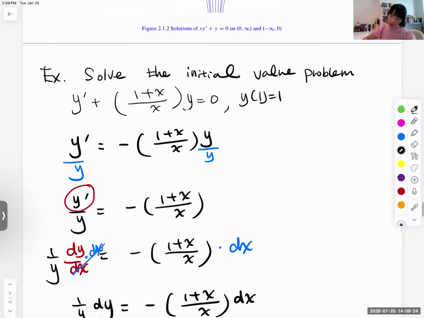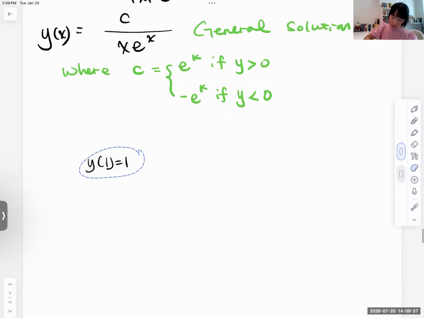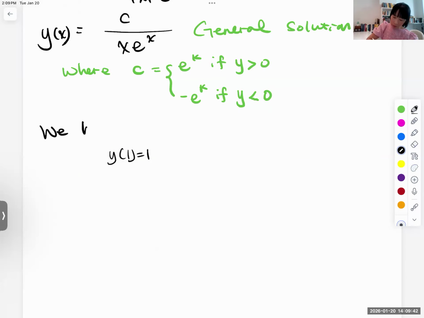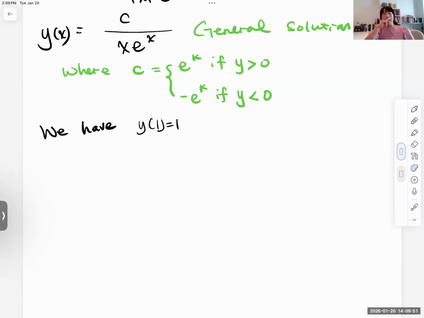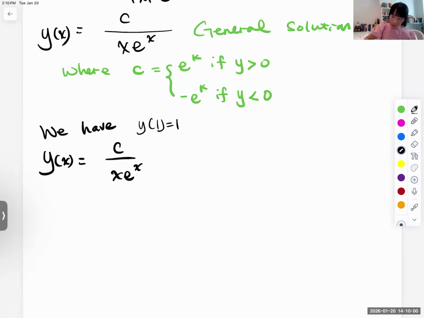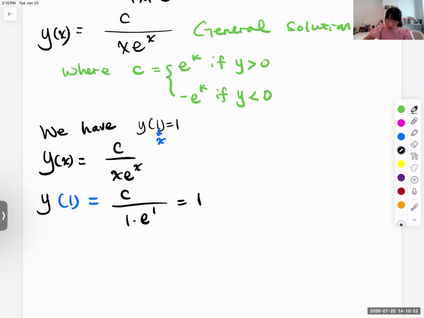All right, now we want to find the particular solution. So we have y of 1 equals 1. From the general solution, x is 1, so we have c over 1 times e to the 1 equals 1, right?